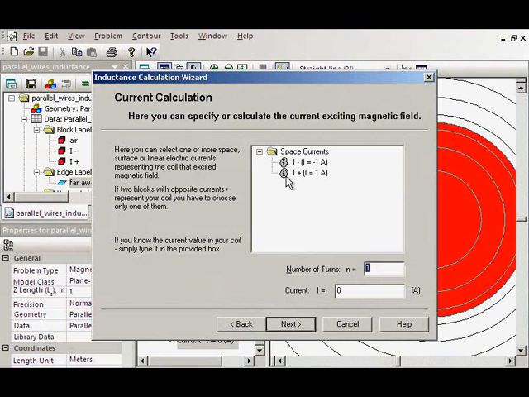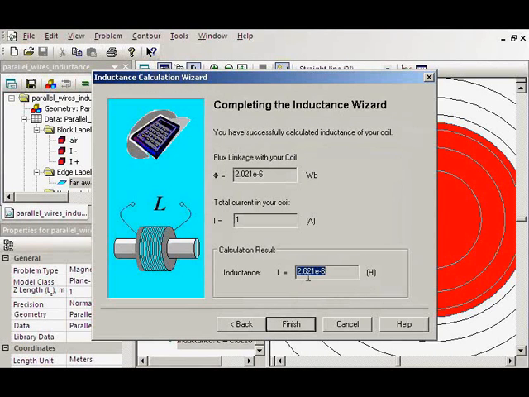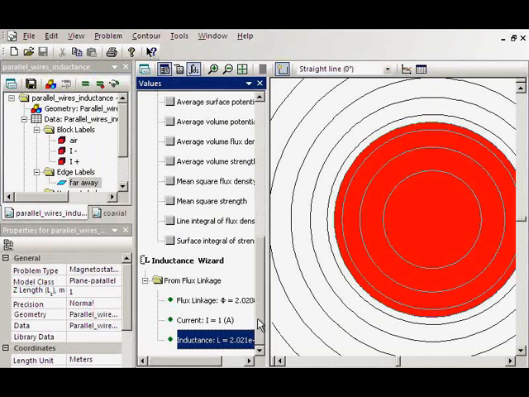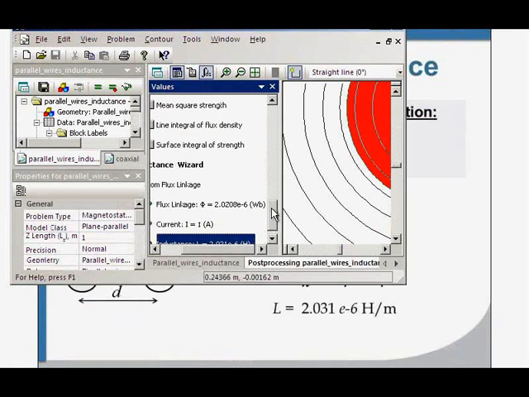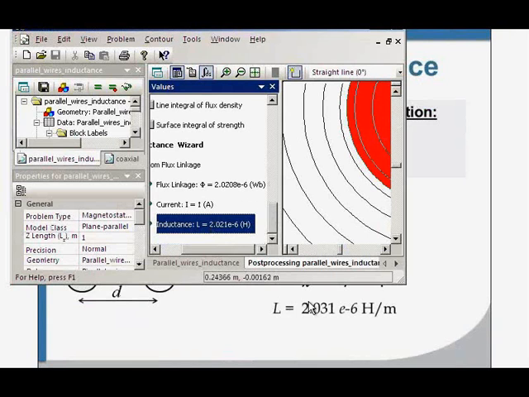Then you should specify the current. And this is the inductance value, 2.2. Very close to the theoretical result.